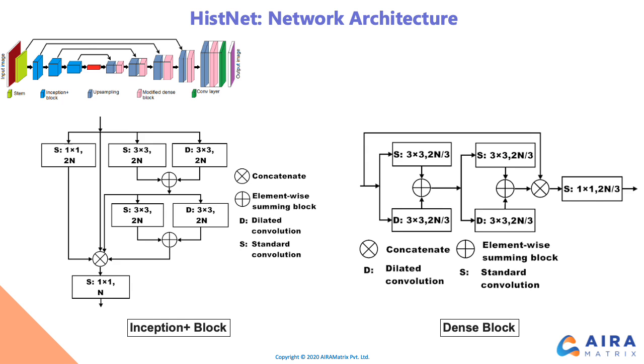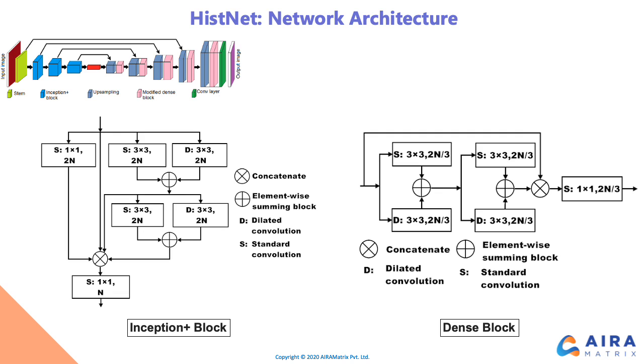Similar to the inception block, which combines information from different scales, the HistNet encoder uses a modified inception block, what we called the inception plus block, as seen on the left. Inception plus block consists of 4 branches to gather information from different scales of the receptive field. The output of the branches is then concatenated with input feature maps.